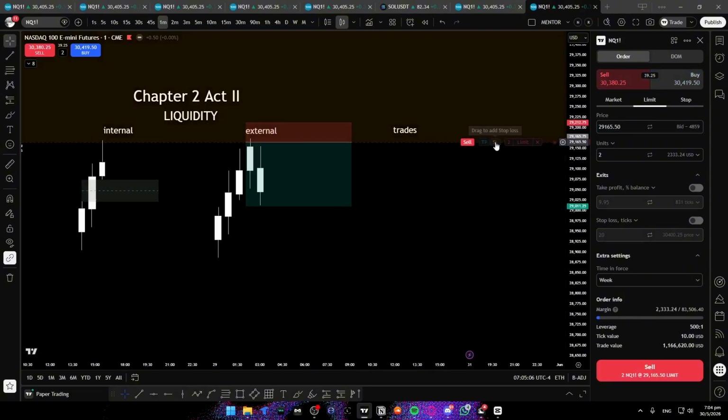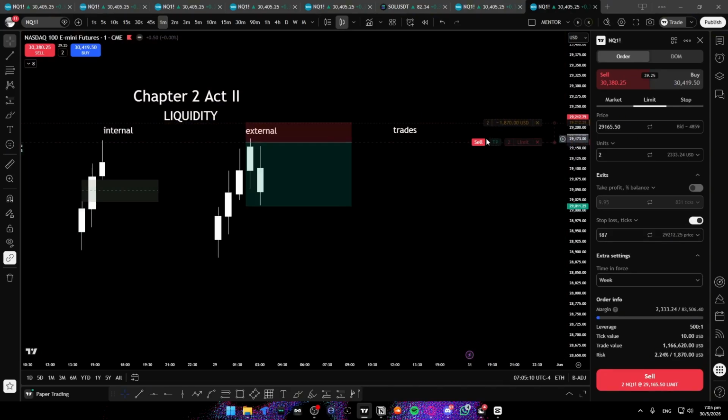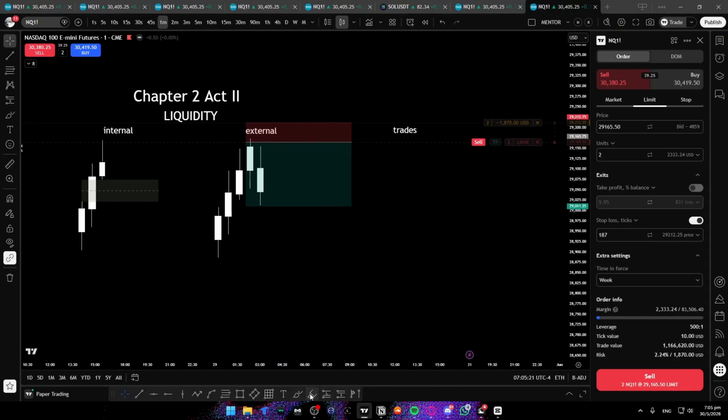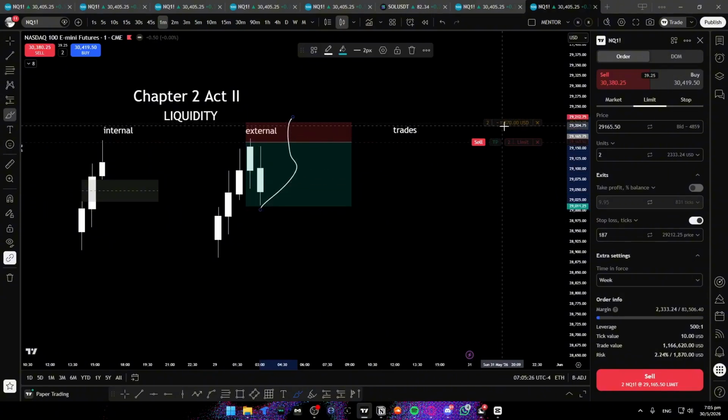Let's say I did short here. Of course, I'm going to trade with a stop loss, otherwise I'm stupid. If I short here, my stop loss is here. That means when price comes all the way up here, it's going to touch my stop loss, and I'm going to execute an order, right?